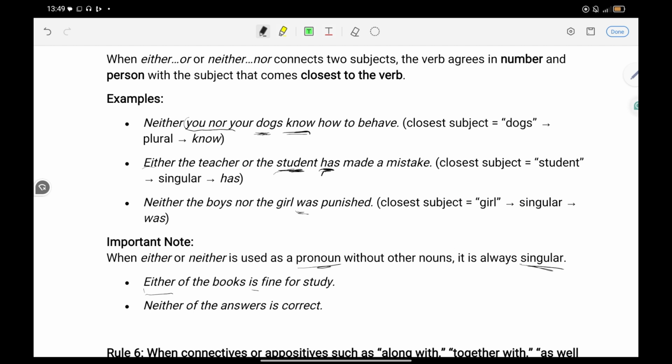Either of the books is fine. Neither of the answers is correct. So please take note of this and don't fall into the trap of applying the rule for either/or to the rule for just either of. Okay? So if I say neither of the movies was interesting, it's not were, it's was.